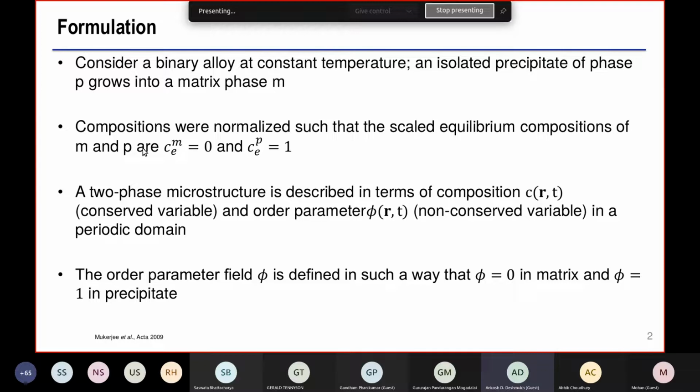Here the assumption is that a precipitate is growing into the matrix phase. Right now the model is implemented for constant temperature, and there are certain physical model assumptions which I would like to mention, like the scaled compositions, where you can use 0 and 1 for matrix and precipitate compositions, and the free energies are rescaled.